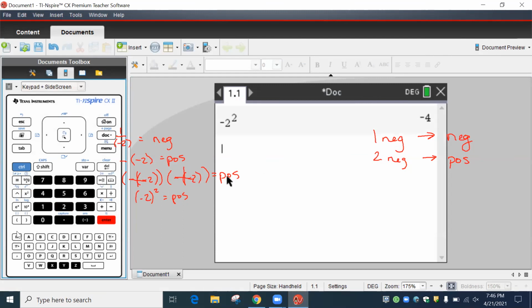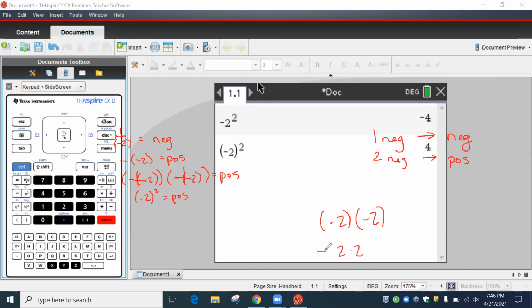So parentheses are vital when you're substituting in, especially when you're using exponents. So here I've got parentheses and it gives me a +4. The reason is because when you put parentheses, it's saying -2 times -2. And then this is going to sound stupid, but when you don't put parentheses, it's saying negative and then 2 times 2.